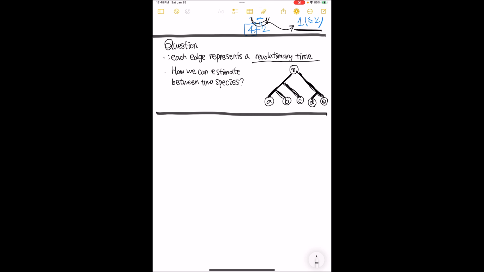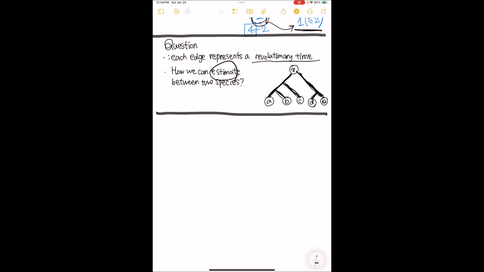Then, how can we estimate it mathematically between two species? If we find a model, when there is a deeply related pair, then the value is small, and otherwise the value will be bigger for less related species.